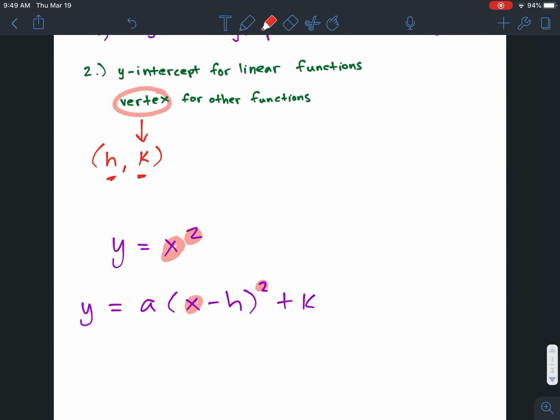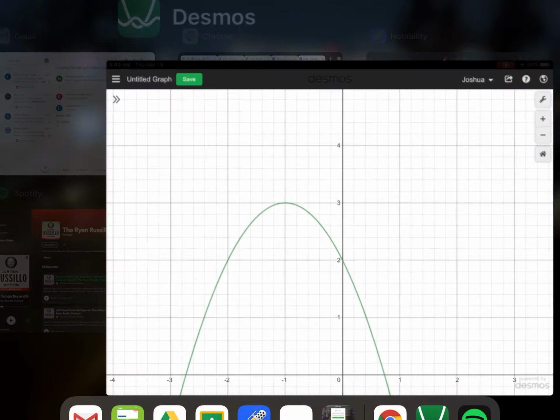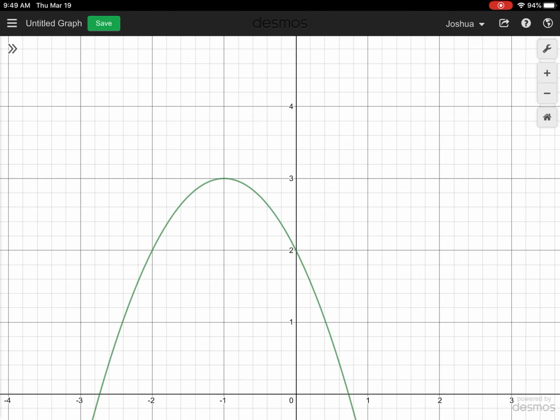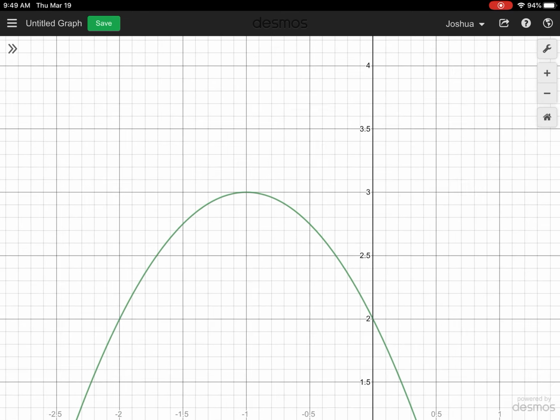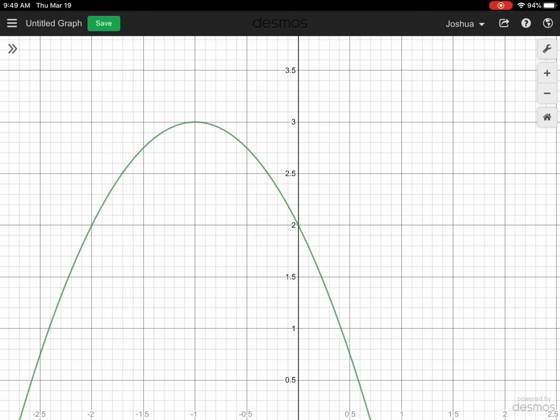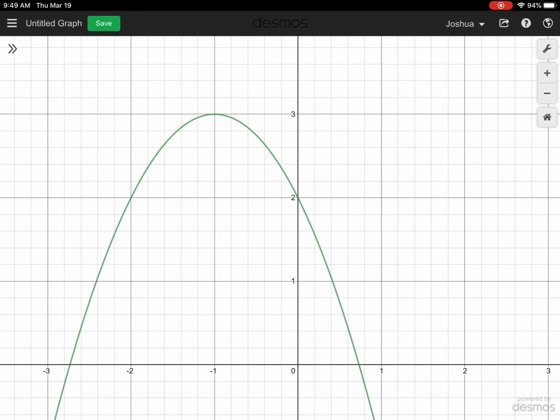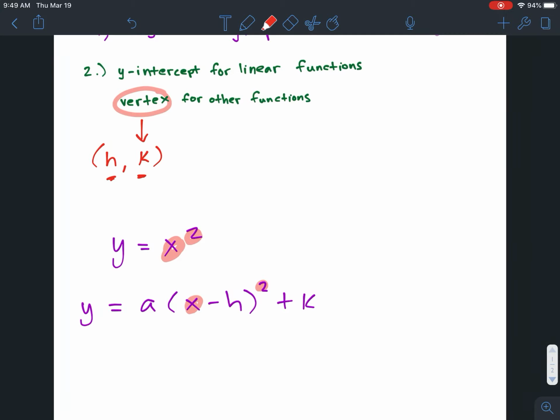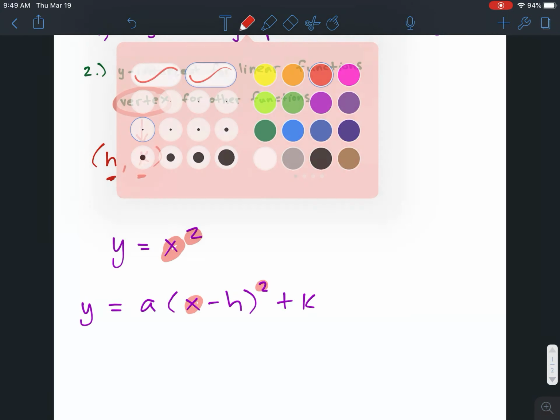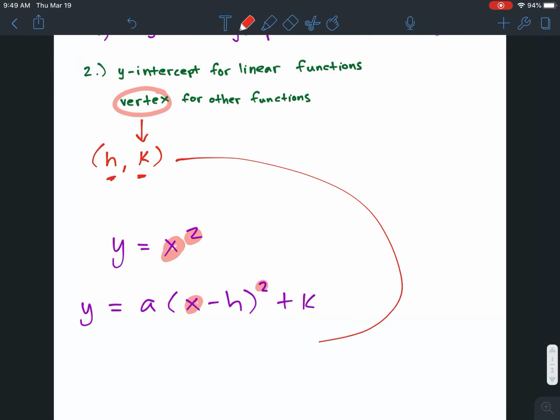Cool. So now we're going to look for the vertex of this. Our vertex is going to be this point right here, which to me looks like it's at negative 1, 3. So our vertex is at negative 1, 3, and again, that's our h and our k.